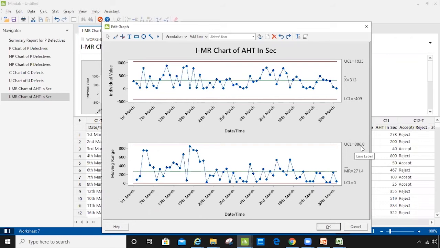Here you see 760 and 750. This is still not considered a special cause, because this is considered a normal cause. But if the difference had been around 886, it would have been considered a special cause. So it looks good.